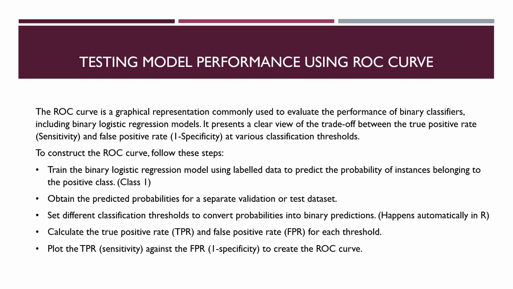Set different classification thresholds to convert probabilities into binary predictions, and that would happen automatically in R. Calculate the true positive rate and the false positive rate for each threshold. Plot TPR, that is the true positive rate or sensitivity, against the false positive rate, which is 1 minus specificity, to create the ROC curve.